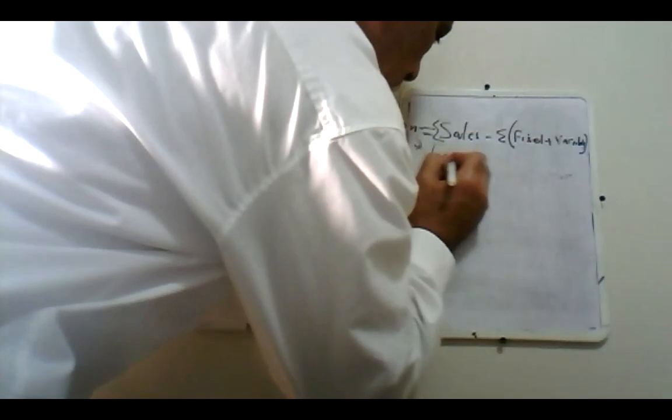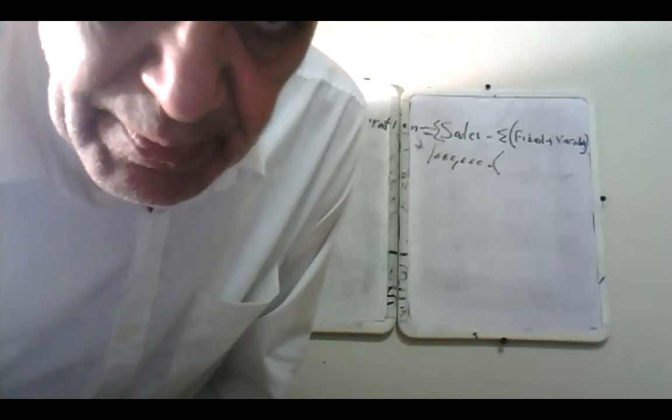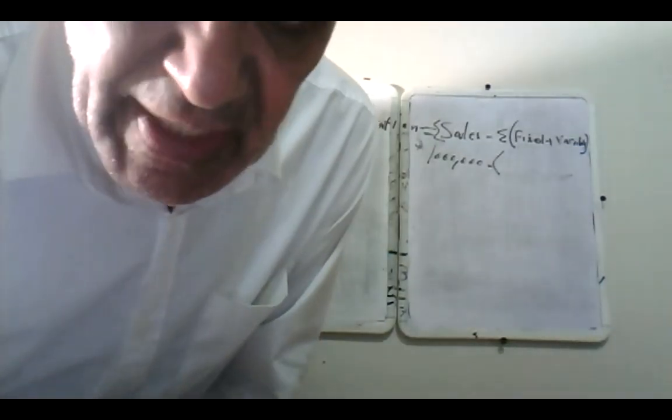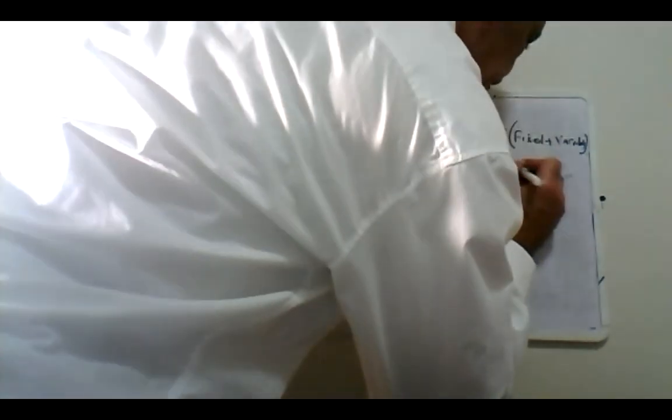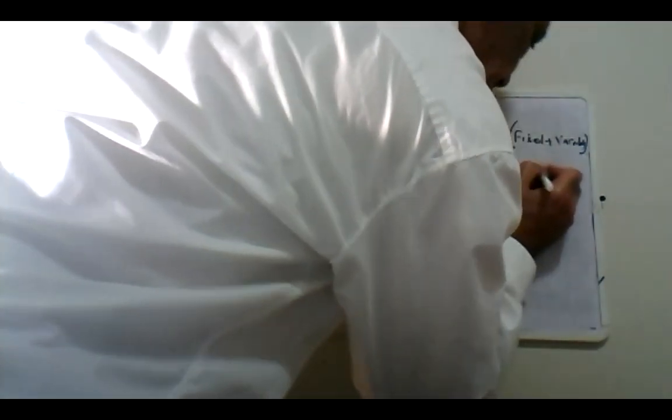So if the sales were $1 million, minus the fixed cost, which in this example was 300,000, and the variable cost was $600,000, all the costs will be 900,000.